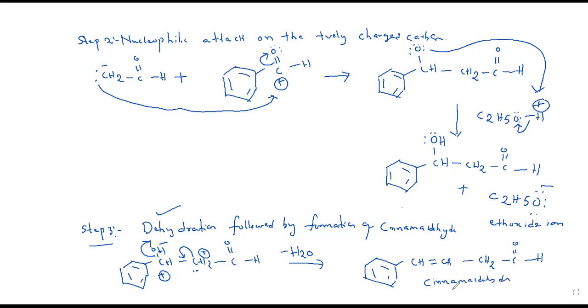which is also called alpha comma beta unsaturated aldehyde. So this is your aldehyde functional group. Sorry, there will be no CH2 here.